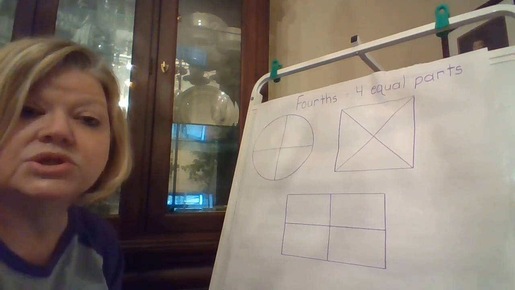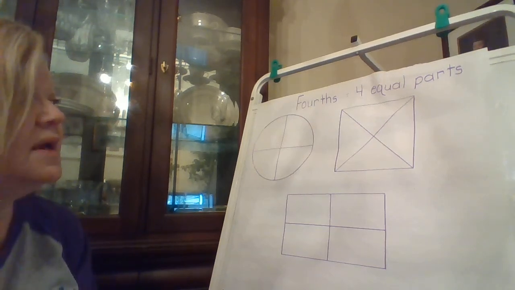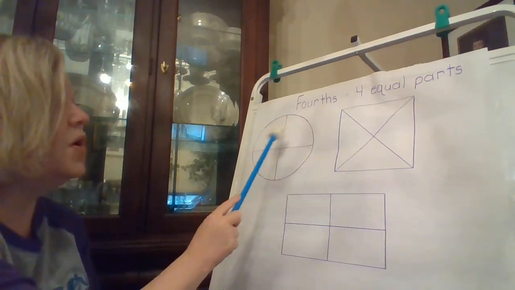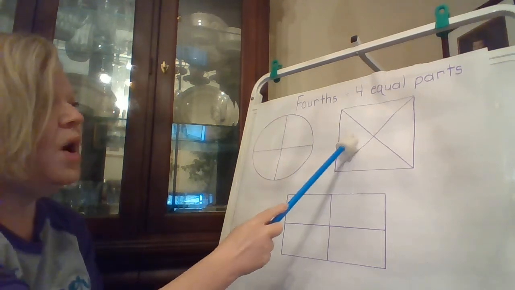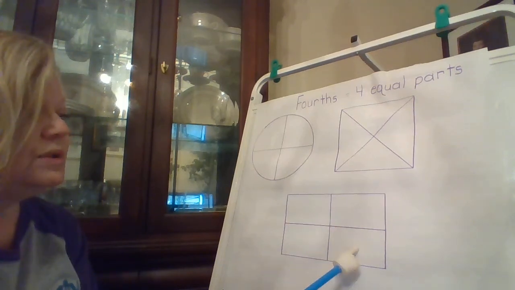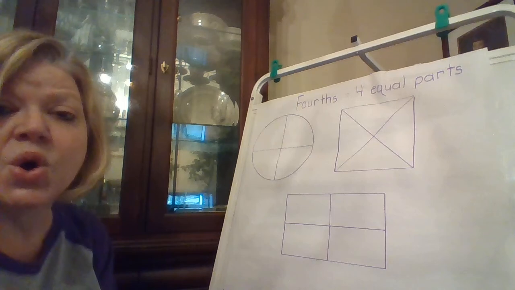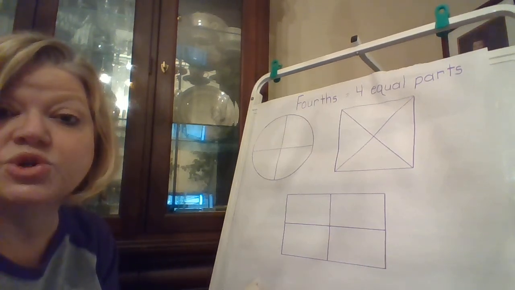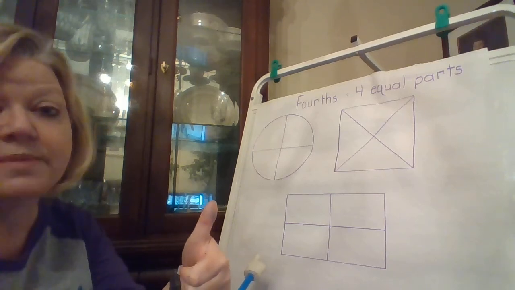There are multiple ways that we can partition those shapes. Partitioning them into fourths. 1, 2, 3, and 4. Give me a thumbs up at home if these are all equal shapes. Yes, they are equal shapes.